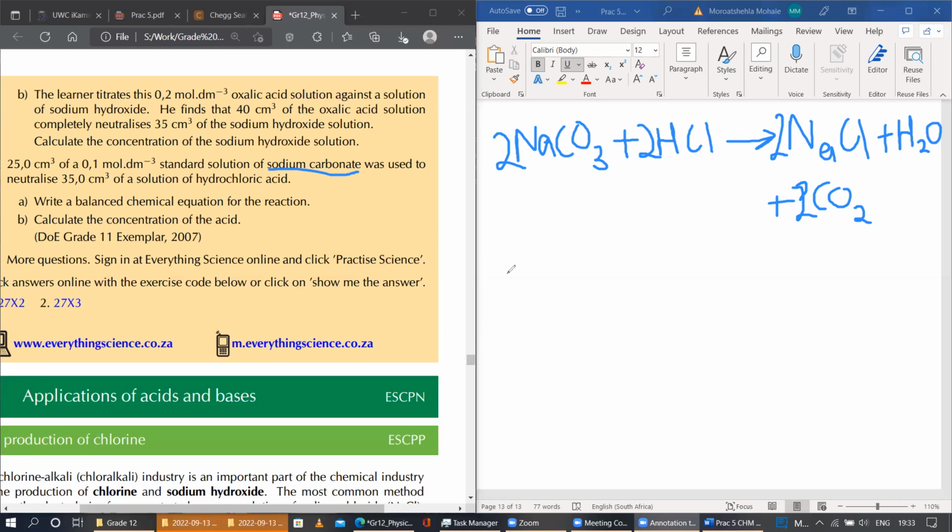So volume of NaCO3, that's gonna be 25 times 10 to the exponent -3, which is in cubic meters.